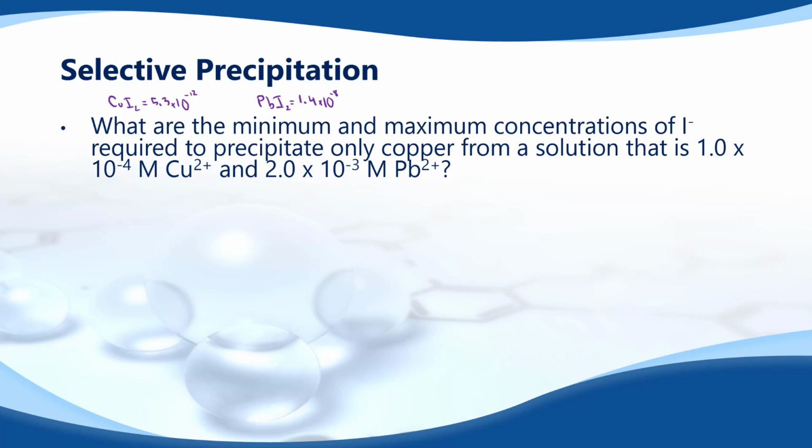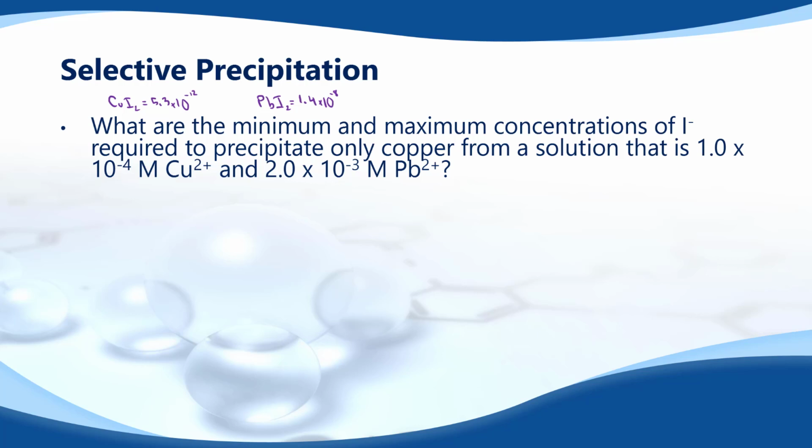The reason I can say definitively that copper iodide is less soluble is because both of these follow the same 4x cubed pattern. And since they follow the same pattern, since copper iodide has a smaller KSP value, it's going to be less soluble.